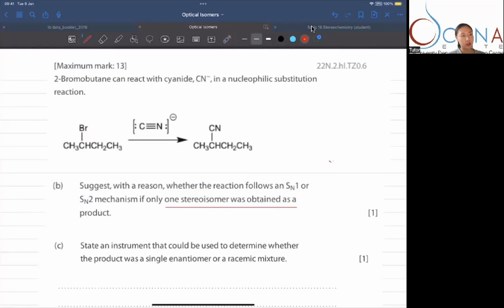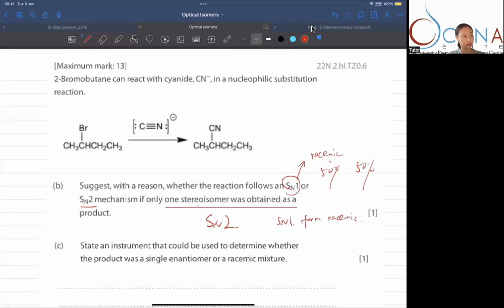We just mentioned that if it is an SN1 mechanism, it will give a racemic mixture, 50-50%. But for an SN2 mechanism, because it always attacks from the back, you will end up with only one stereoisomer. So the answer is the SN2 mechanism, because SN1 would form a racemic mixture.